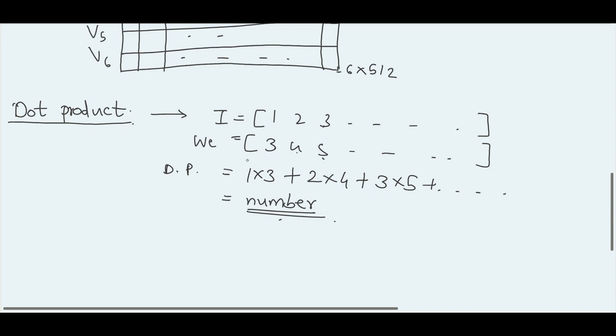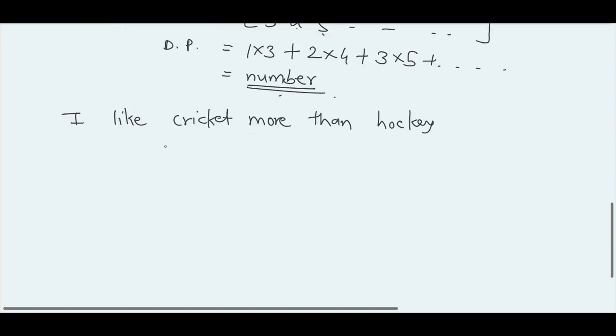So our next job is to perform this dot product with each pair of the words in our sentence, right? From this original sentence, we will perform dot product for each pair, something like this, and then again I with cricket, and then again with more, and with each word, right?